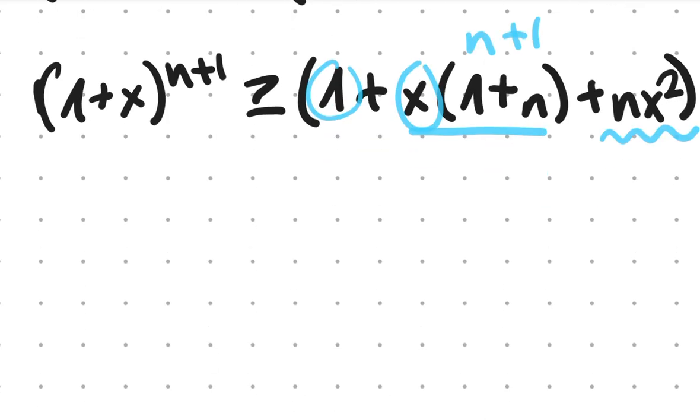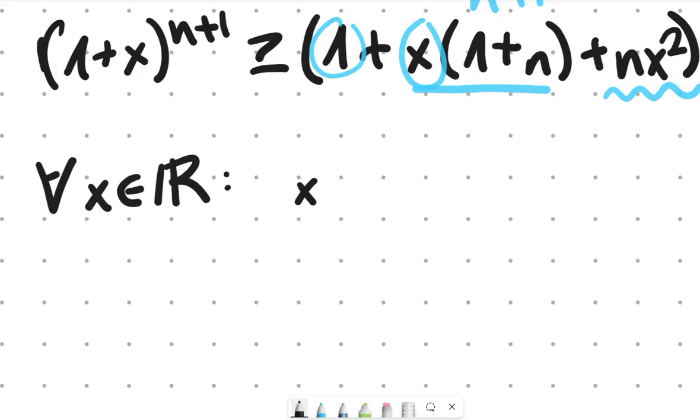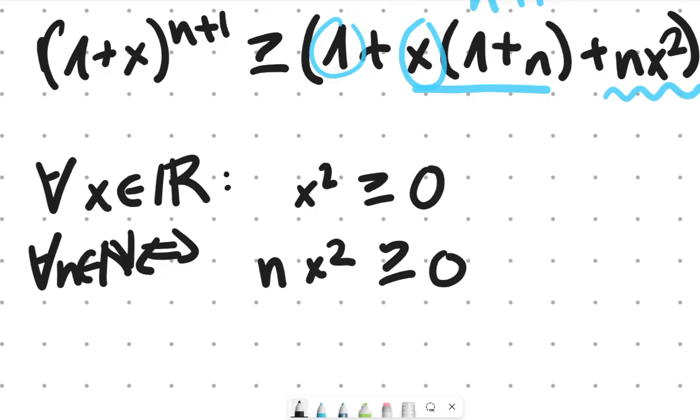But we already know the properties of x². We know that for all x element of R, x² is greater or equal to 0. Which means that for all n element of the natural numbers, since all natural numbers are positive or equal to 0, nx² is also bigger or equal to 0.